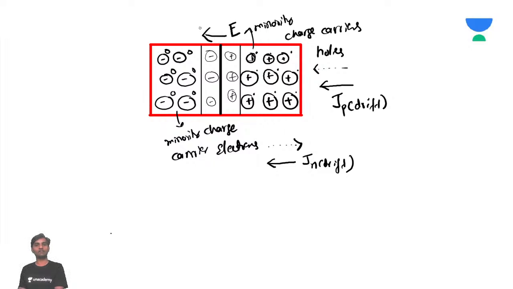If you take a diode or a PN junction and connect it to a voltmeter, do you think voltage will exist? No. Why, sir? Because it is electrically neutral.